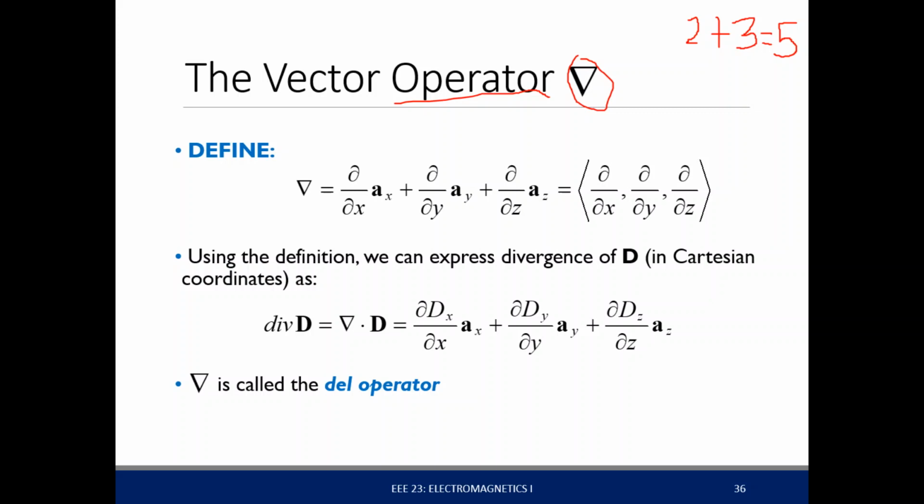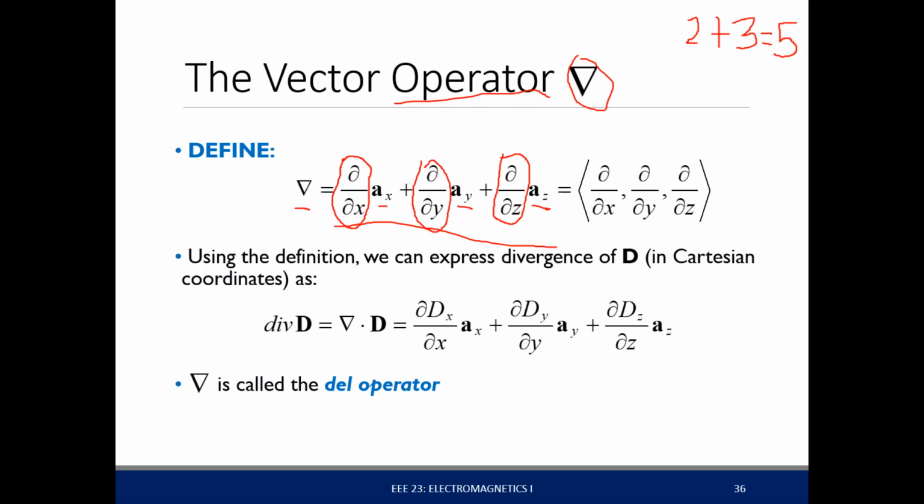But its equivalent notation, at least for your Cartesian coordinates, looks like this. It characterizes the change of your quantity in the x direction, the change of your quantity in the y direction, and the change of your quantity in the z direction. So it's a vector operator since it has an x, y, and z component.